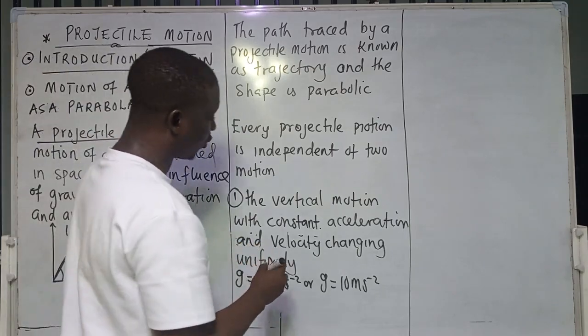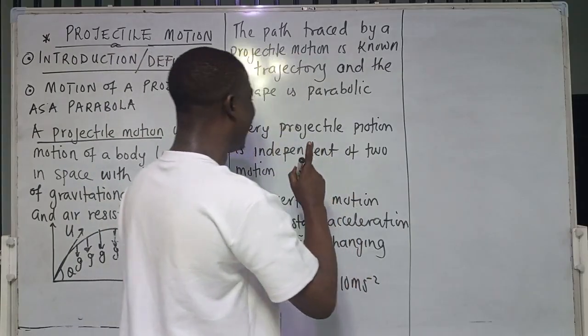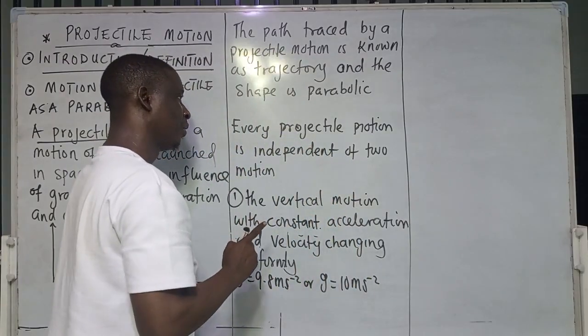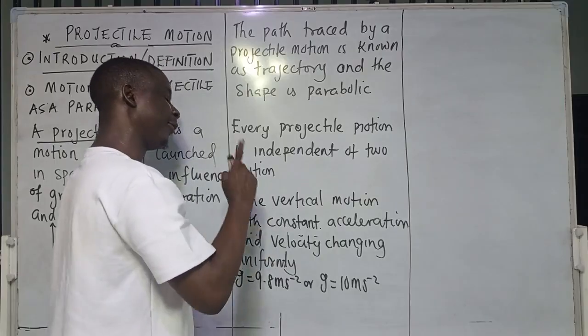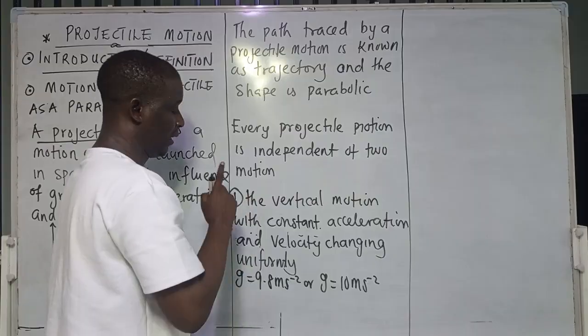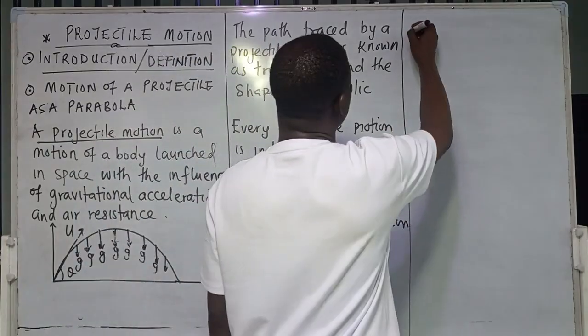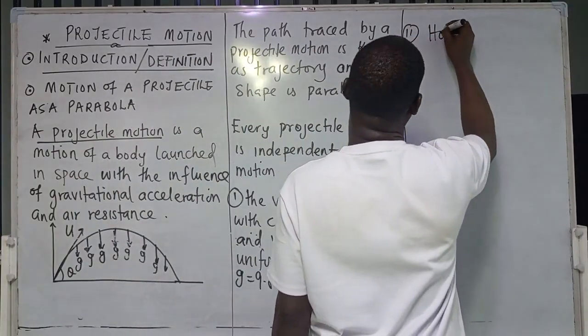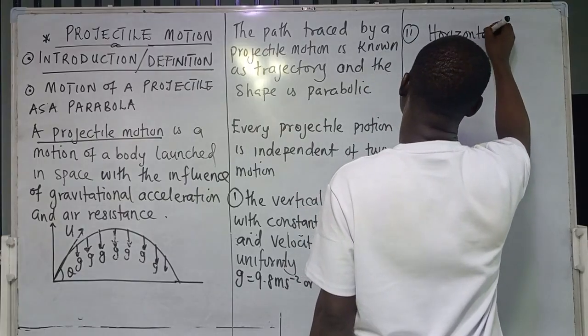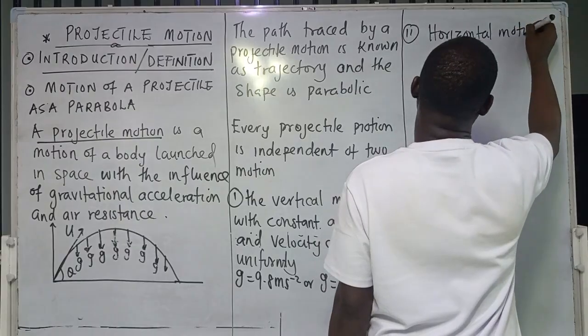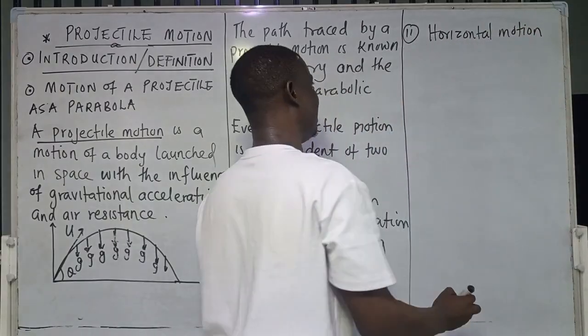Now what about the second one? Because I told you every projectile motion is independent of two motions. The other one is what we call horizontal motion. Don't forget, in any professional exam, you see them mentioning this.